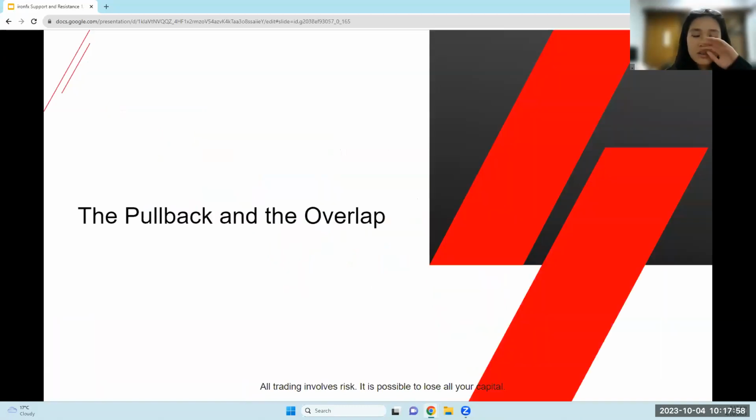Which is important because you can see that price has tested this level many times before. Okay, next let's go into the pullback and overlap. Let me know in the chat if you are aware of what exactly a pullback and overlap level is before I show you the next slide.